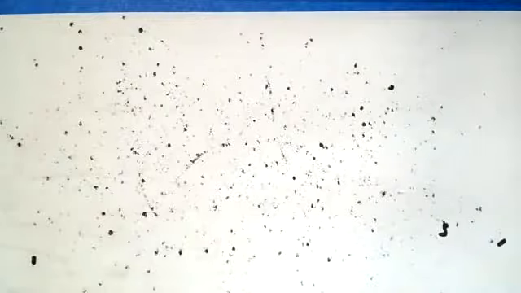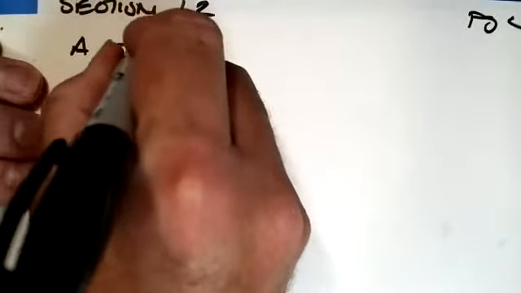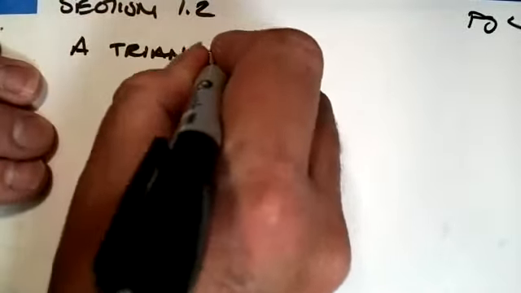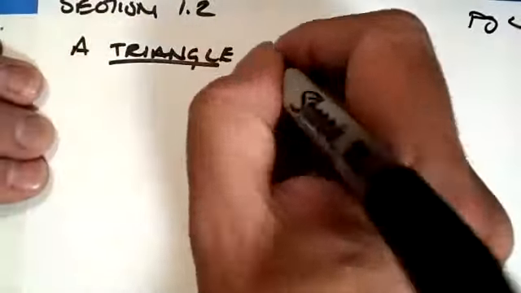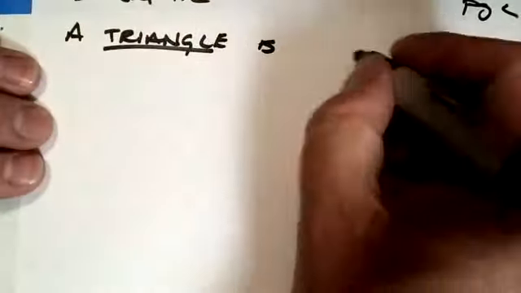What about a triangle? We're going to create a very formal definition for a triangle. A triangle is an object formed by three distinct lines.